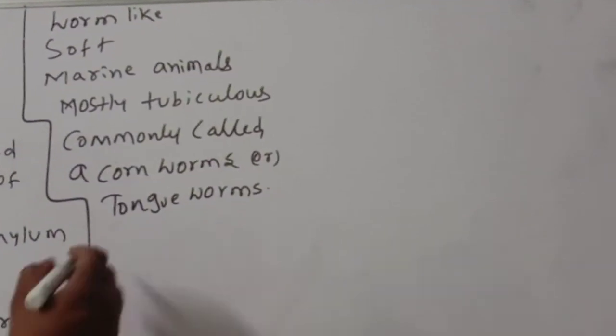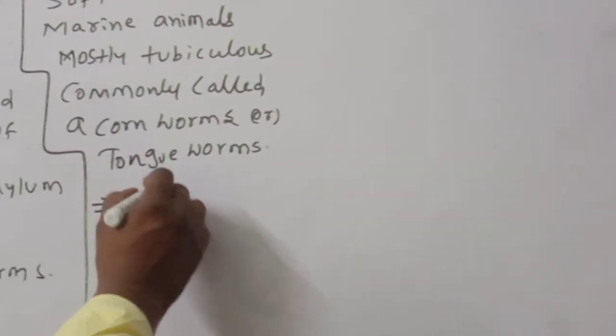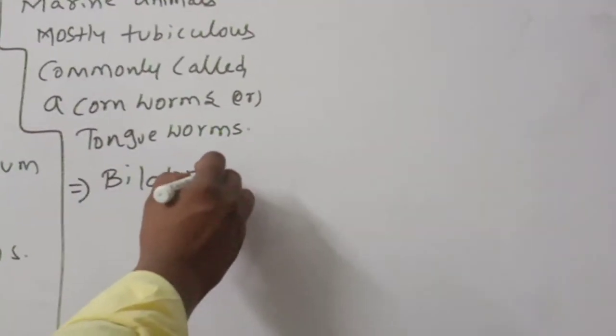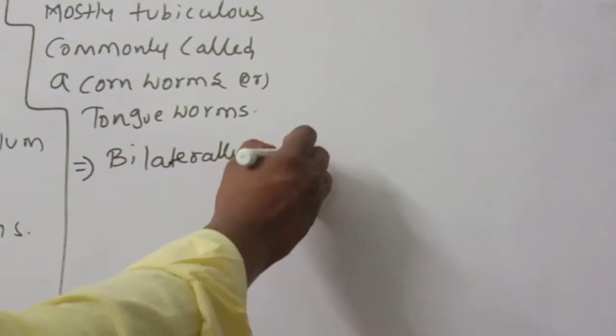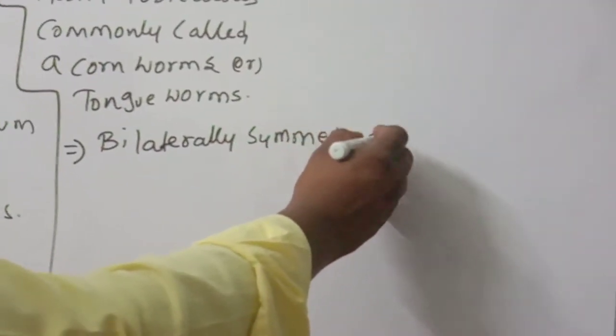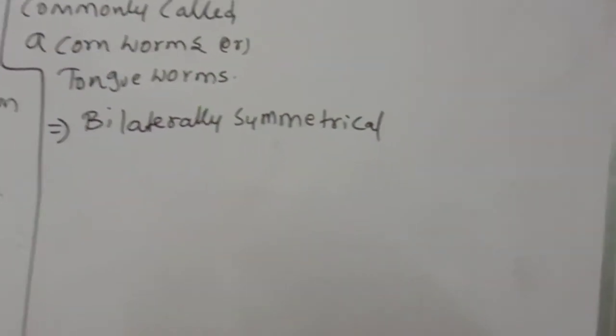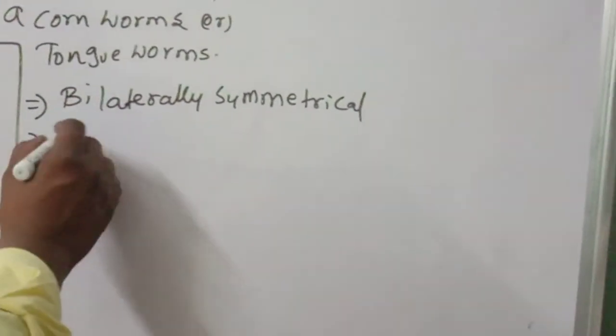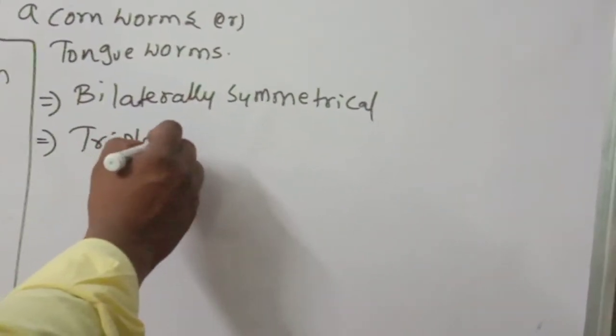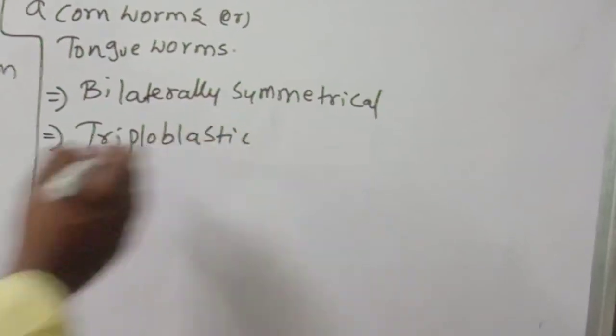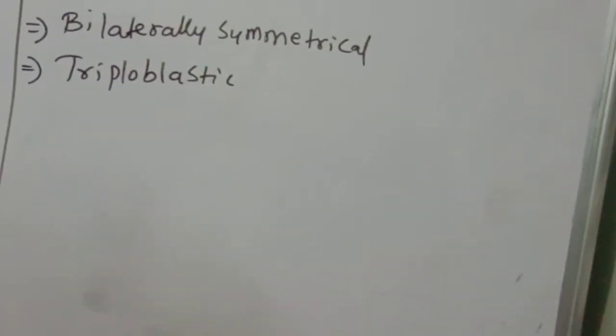They are bilaterally symmetrical. These points also you should remember. They are triploblastic, having three germ layers: ectoderm, mesoderm, and endoderm.